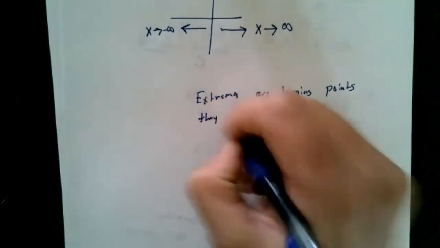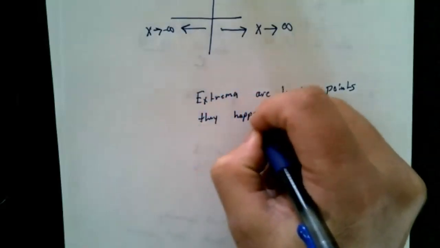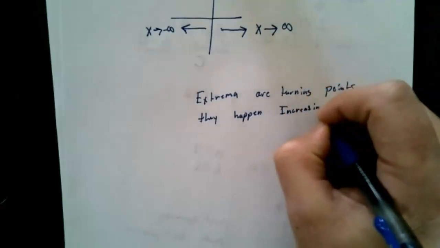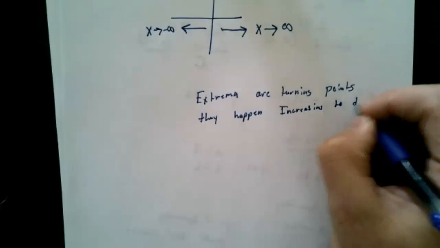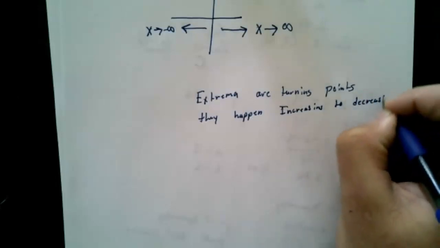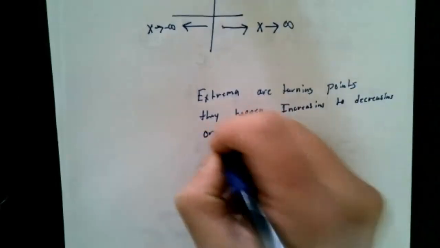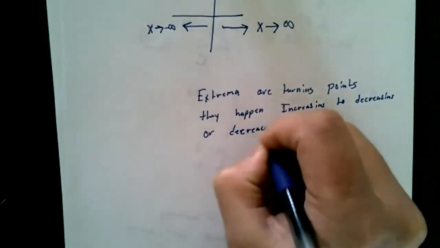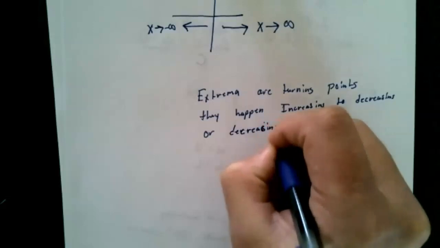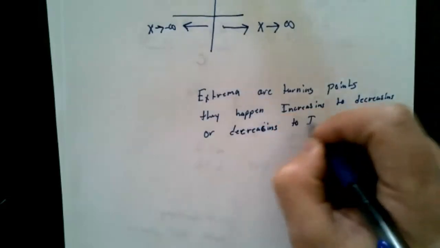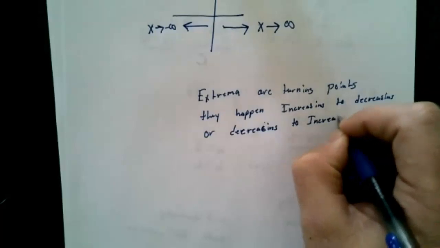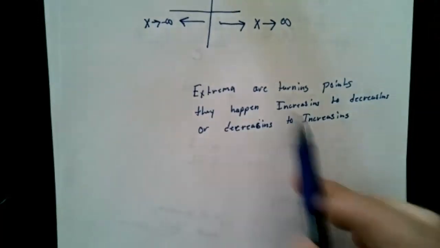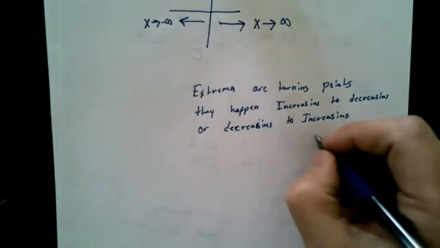They happen when the graph comes from increasing to decreasing, or decreasing, it'd help if I could spell, to increasing. Okay, and what we have to remember is when we're talking about increasing and decreasing, we're talking about the y values.